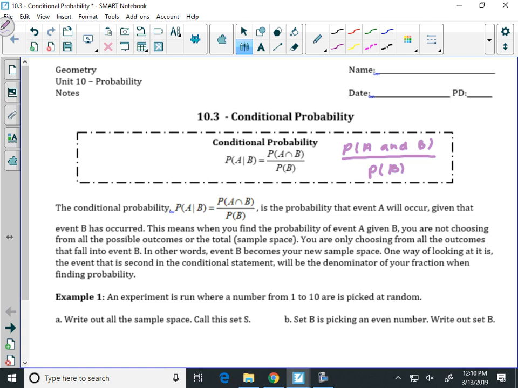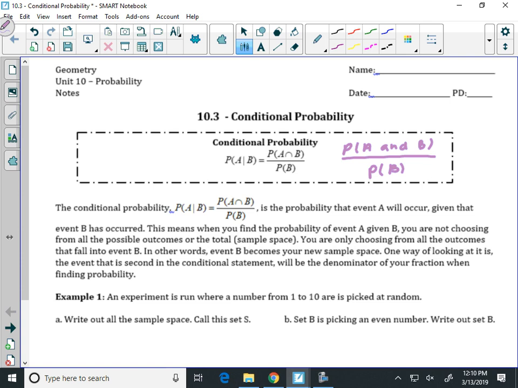What this rule means is whenever you have conditional probability, that means what's the probability that event A will happen given that event B has happened. When you find the probability of event A given B, you are not choosing from all the possible outcomes, the sample space.